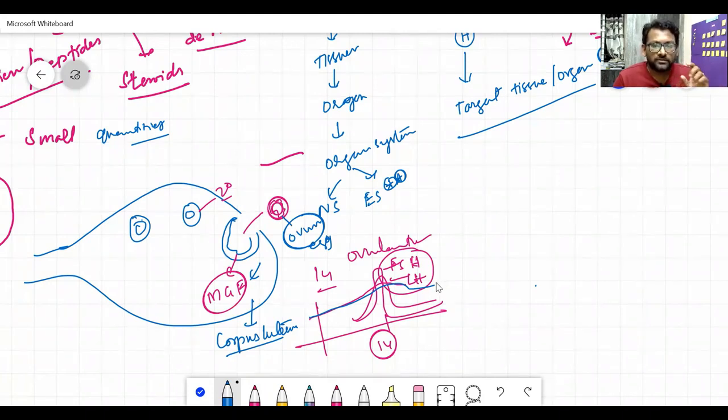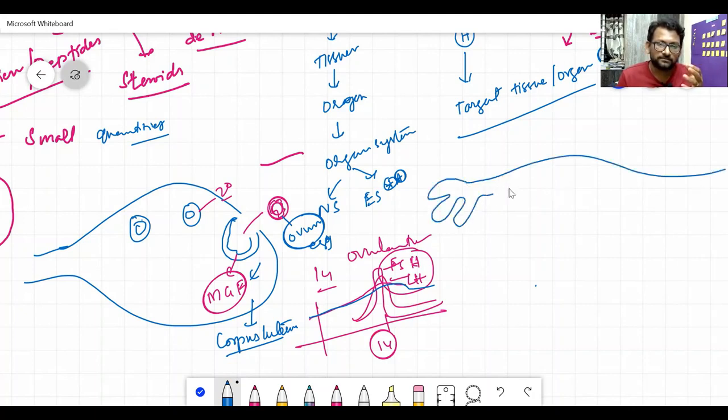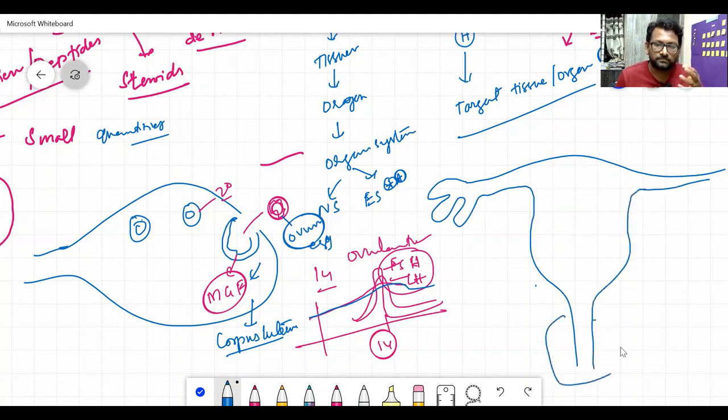So here we need to understand. Let's assume that the sperm entered the female reproductive tract. I will draw a simple diagram of the female reproductive tract. This is the vaginal opening and this is the uterus.